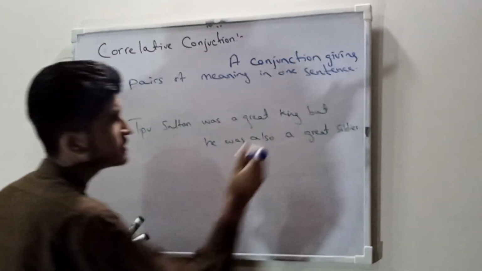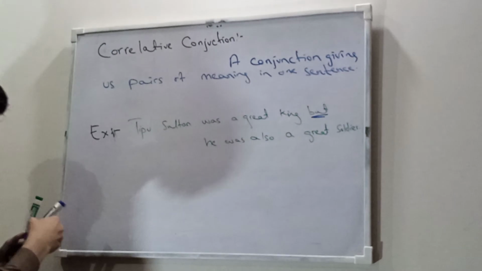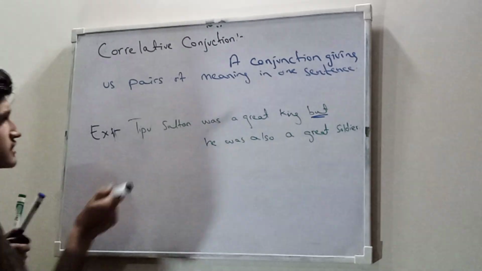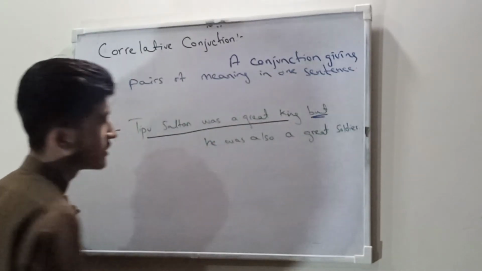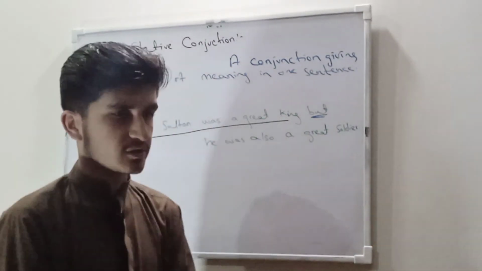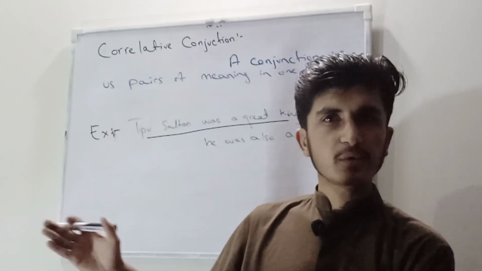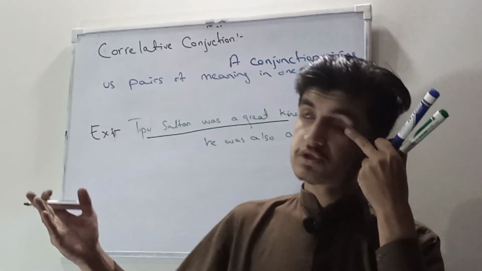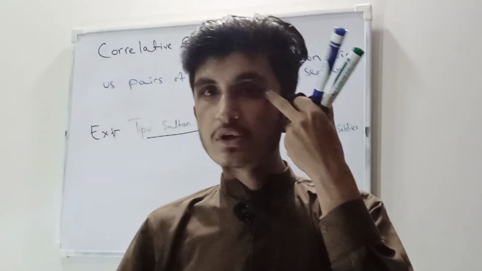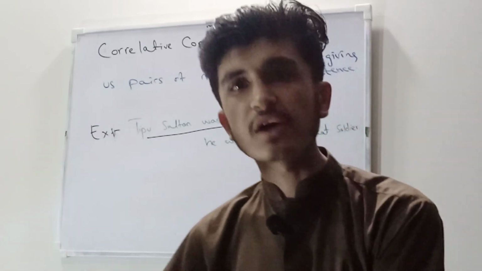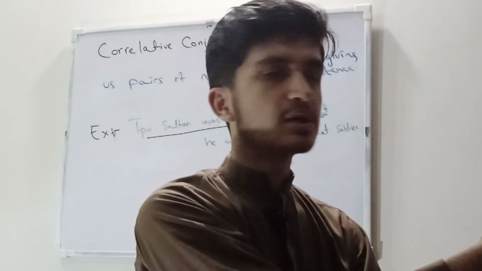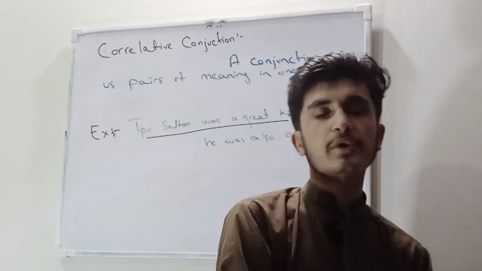If you look at the sentence that Tipu Sultan was a great king: if a person is a king, or the president of any country, it means that first he was a leader. After being a leader, he became a president or prime minister.